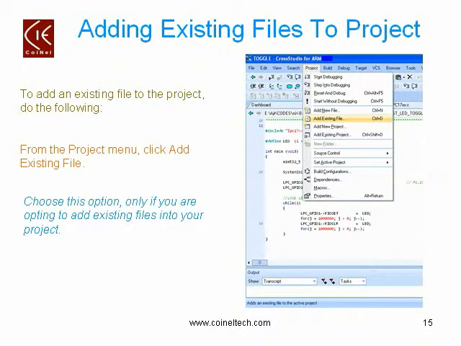Now in case you want to add your existing files to the project, go over to the Project menu and then select the option Add Existing File. Choose this option only if you are opting to add existing files into your project.